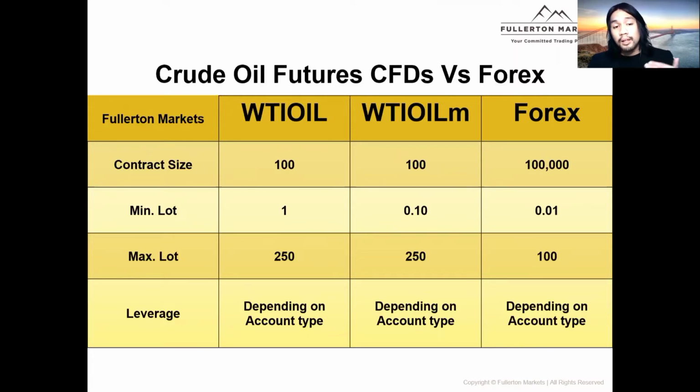What is the maximum that you can trade? You can trade 250 lots for both oils, and for Forex, that is 100 lots per trade. Leverage, once again, depends on your account type. So these are the main differences when you trade oil versus Forex.